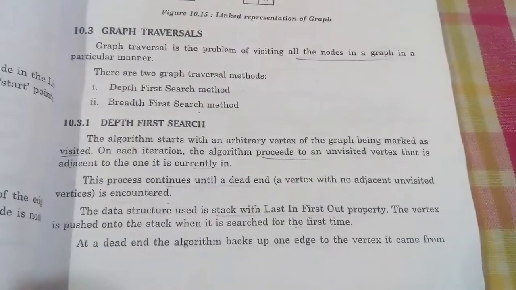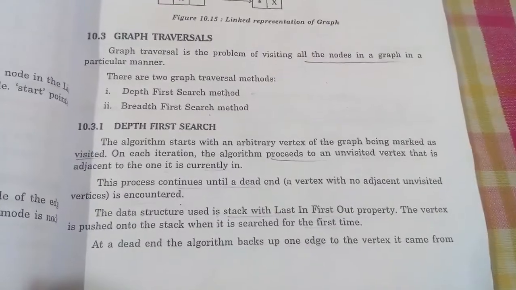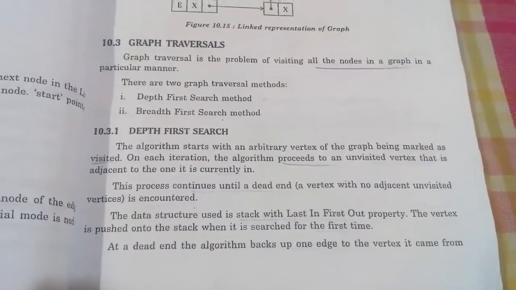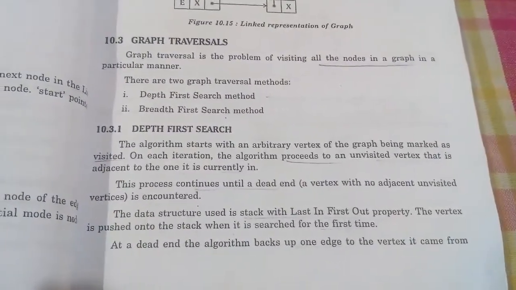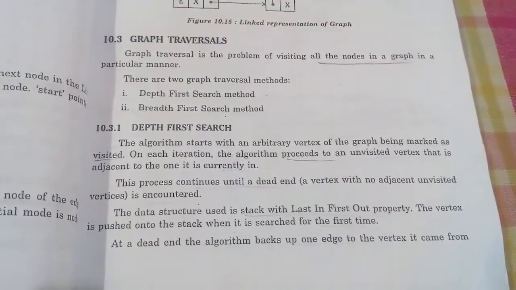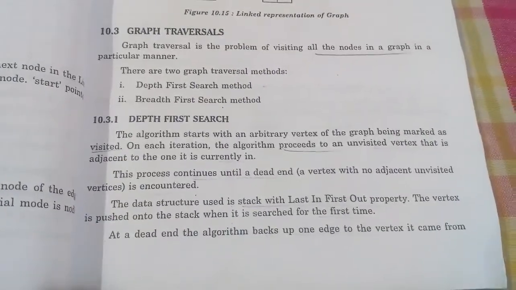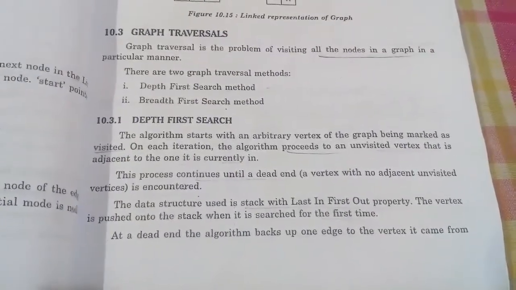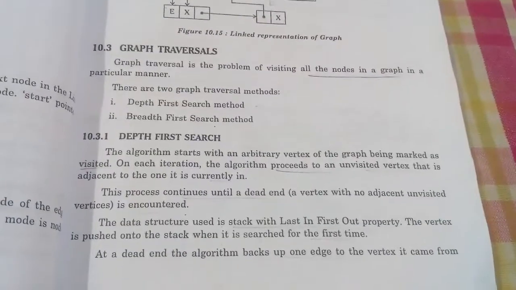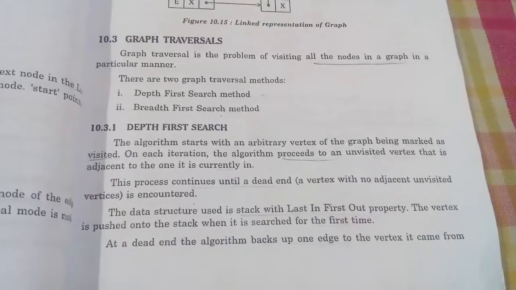Here the algorithm starts with one arbitrary vertex. That vertex is marked as visited. For the next iteration, the algorithm proceeds to an unvisited vertex that is adjacent to the one that it is currently in.